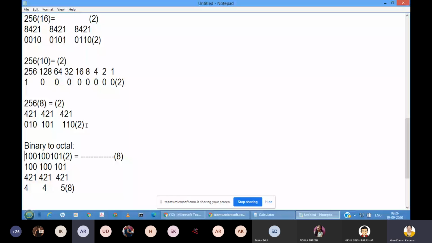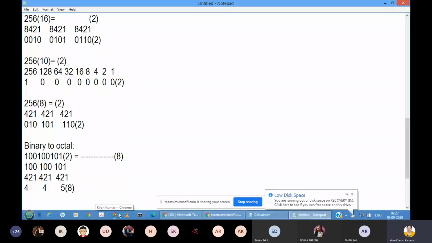Ma'am, why is it 445, last step? See, 100, beta, 1 came in place of 4, so 2 into 0 is 0, 1 into 0 is 0. So when you have converted this much portion, then this much portion, only 3 digits from the rightmost, 3 digits, 3 digits, separate them like that. You can also encircle them when writing in the notebook.